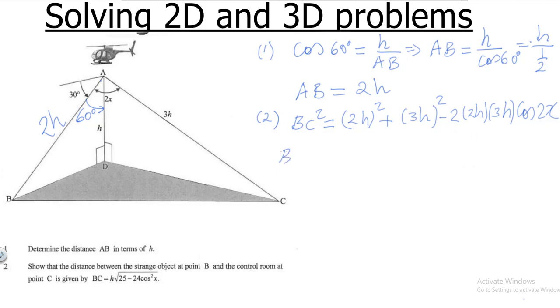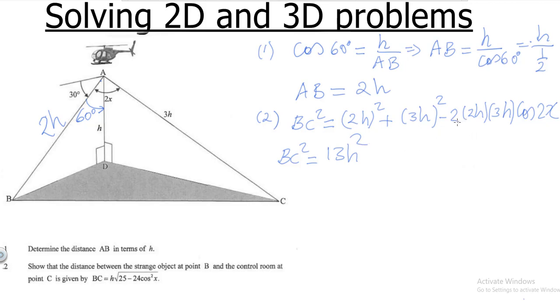Therefore, we have BC squared. 2 squared will be 4, h squared will be 4h squared. 3 squared, h squared. So we have 4h squared plus 9h squared, which will give us 13h squared.